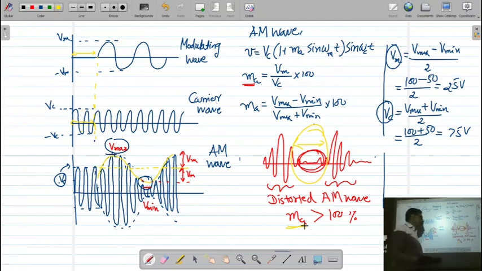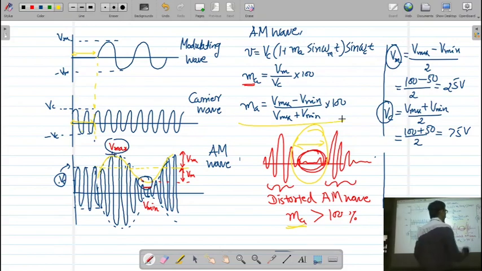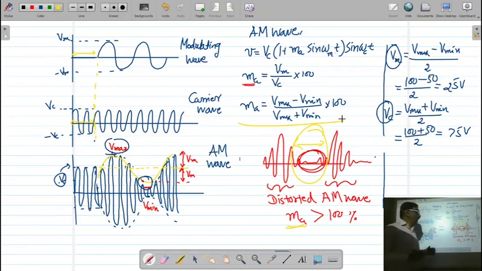So in this way, by applying the modulated wave on an oscilloscope, one can measure the maximum voltage, the minimum voltage, and using this formula you can find out the modulation index. In the next lecture, we will see how the sidebands are produced and what is the significance of the sideband.